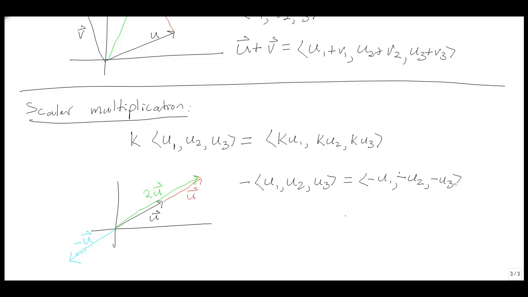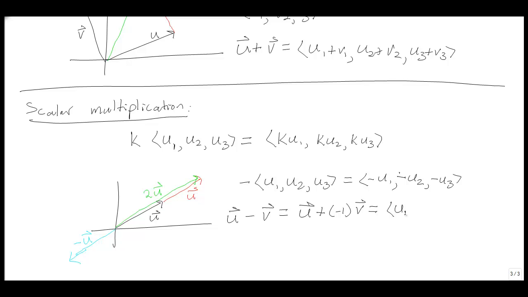You could also put this together where if you want to do u minus v, this should be a subtraction of vectors. It should be u plus -1 times v.